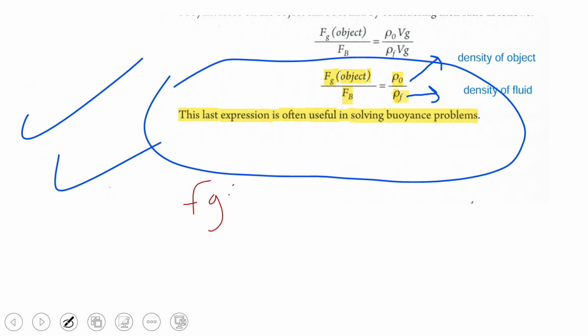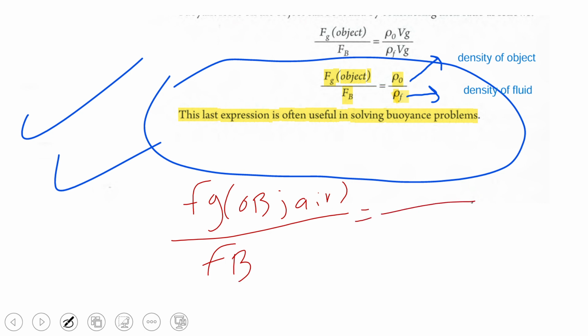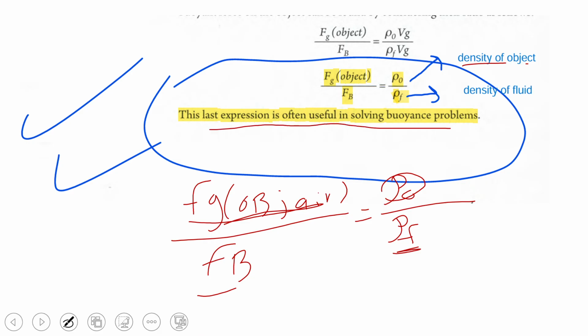Fg of the object in air over buoyant force equals the density of the object, written with subscript O, over rho F, the density of the fluid. So the weight of the object in air over the buoyant force equals the density of the object over the density of the fluid. The last expression is useful to solve an example.